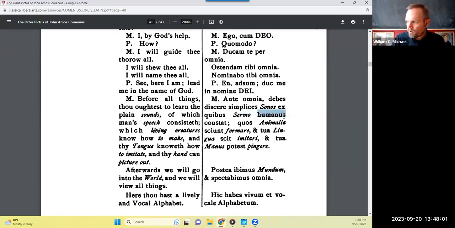Humanus means human speech. Constat means consists. So simple sounds from which human speech consists or is formed, right? It literally means stands together. Yeah, constant comes from the same word. Good. Humanus, obviously human. All right.